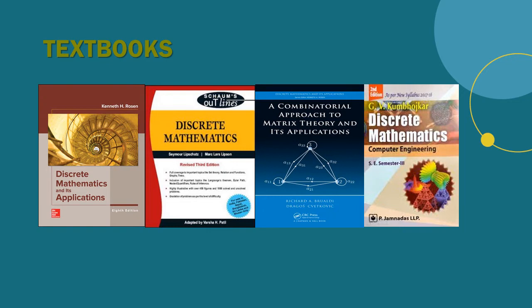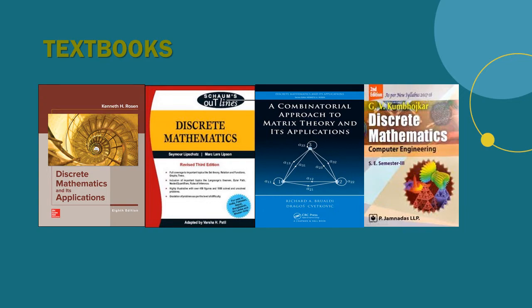And the last one is for the students of Mumbai University, G.V. Kumbhojkar. The Discrete Mathematics book is very familiar, because from semester 1 to semester 4 Kumbhojkar is famous for mathematics. So these are the four textbooks you can refer to, and such books are available in our library.